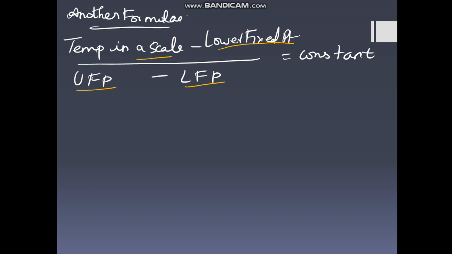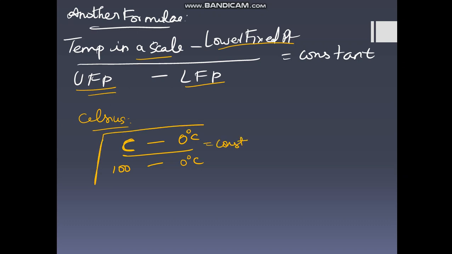So suppose in a Celsius scale, let the temperature be C, minus the lower fixed point in the Celsius scale, 0 degrees Celsius, divided by the upper fixed point, 100 degrees Celsius, minus the lower fixed point in the Celsius scale, 0 degrees Celsius, that is a constant. This is how you apply this formula, and it is a very important formula also.